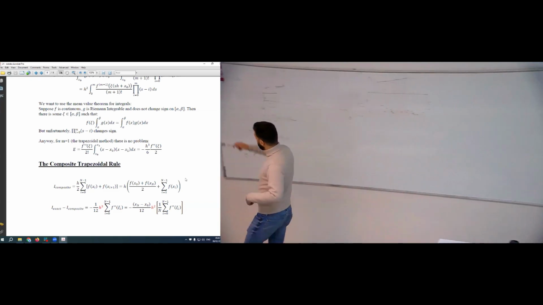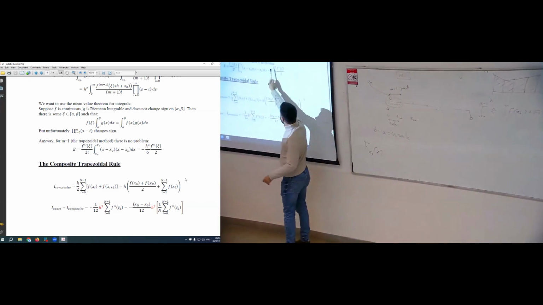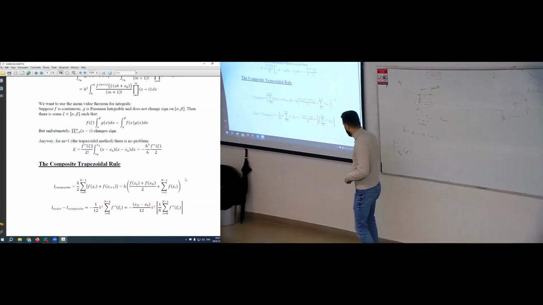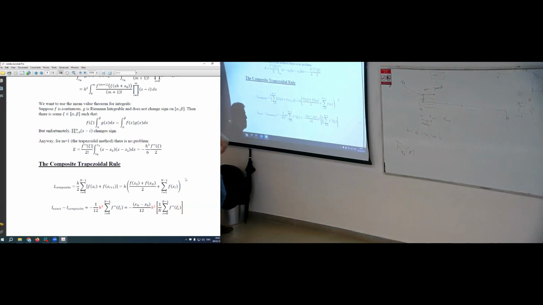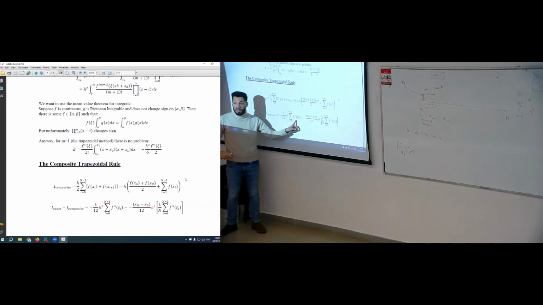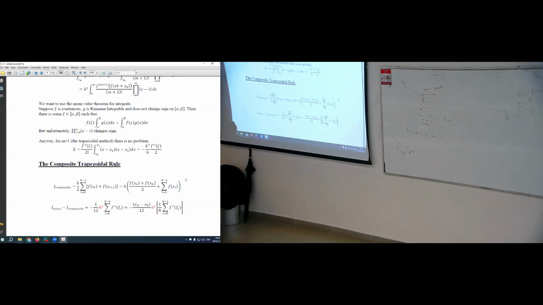And the error is, as we said, minus h cubed over 12. And when we add many segments of this, we have f double prime at xi, where xi is between xi and xi plus 1.